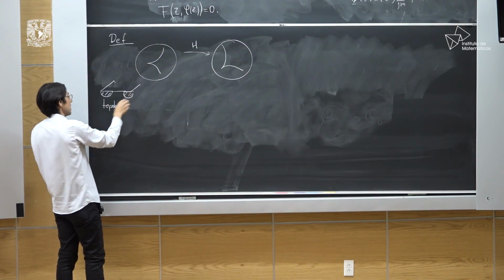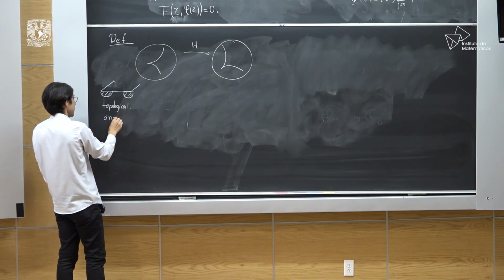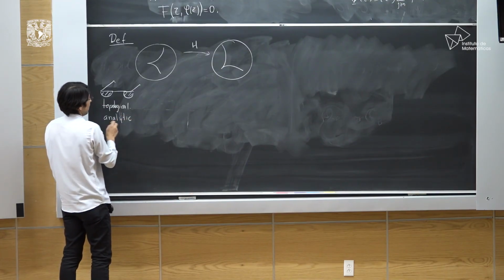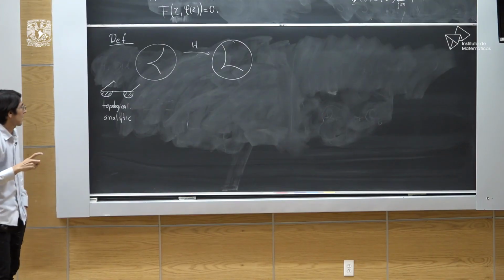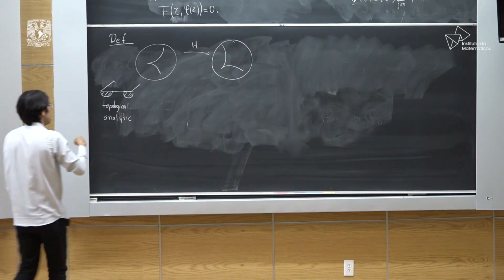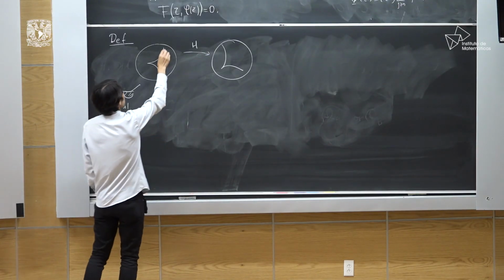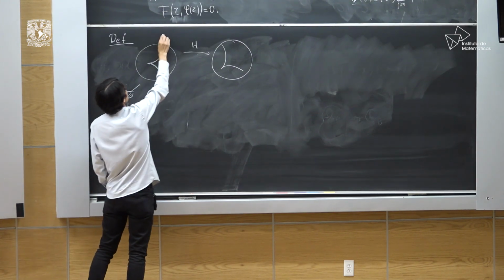If you want to classify with the analytic glasses, you have to require H to be analytic with inverse of the same type. So in the case of local analytic curves, these are called branches.